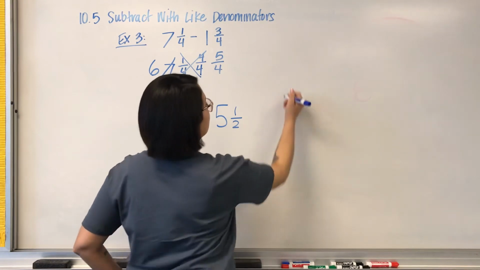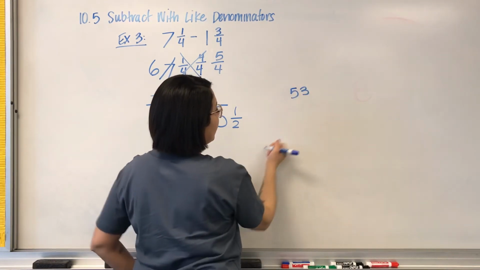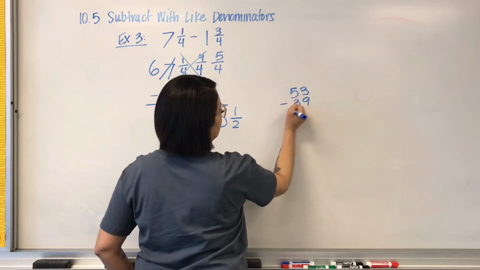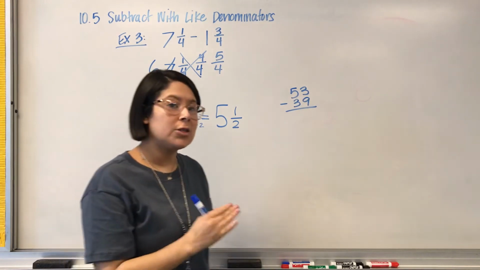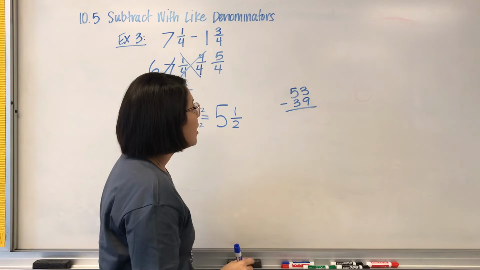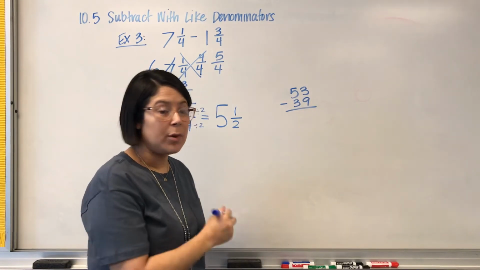Let's do 53 minus 39. Okay? You gotta visualize that this is the same thing, okay? Can I do 3 minus 9? No. I have to borrow.